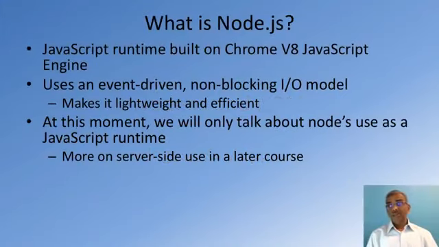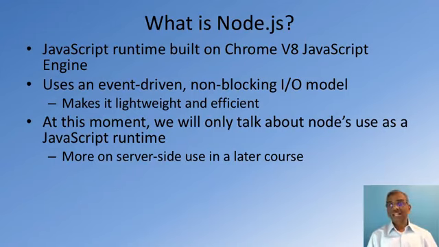Node.js, as I mentioned earlier, allows us to bring the power of JavaScript to the desktop. Node.js is based on the JavaScript runtime engine that has been built for the Chrome browser. So the Chrome V8 JavaScript engine has been ported from the browser to run on the desktop and support the execution of JavaScript programs on the desktop.